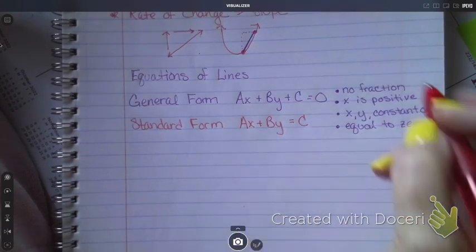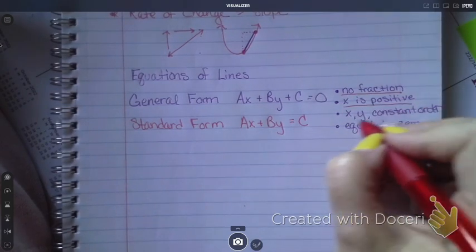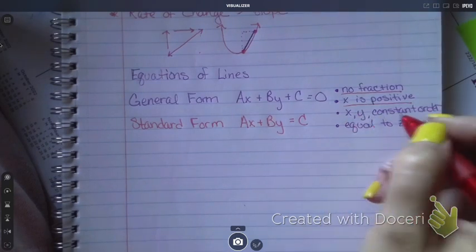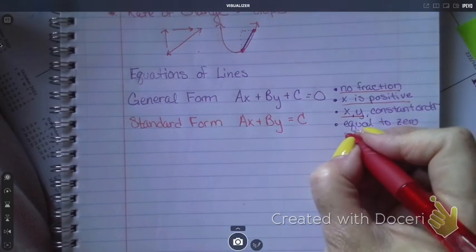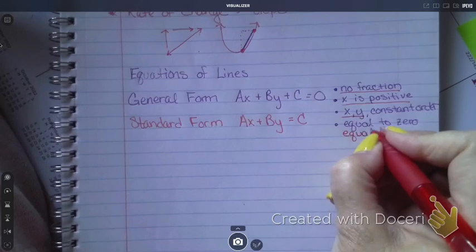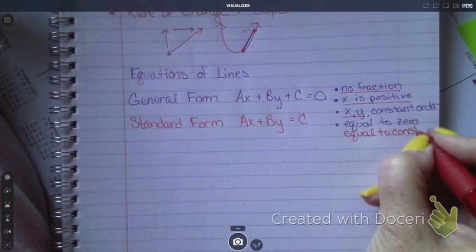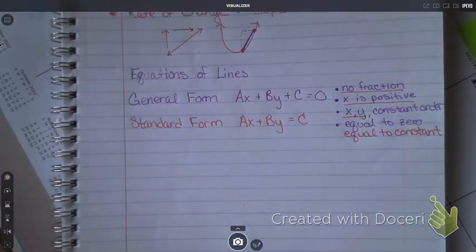The top 3: no fractions, x is positive, and the third one, it has to be x, y in the same order, but it's equal to what? C. Equal to c, a constant. So be careful when you are asked general form and standard form, because the main difference is what it's equal to.